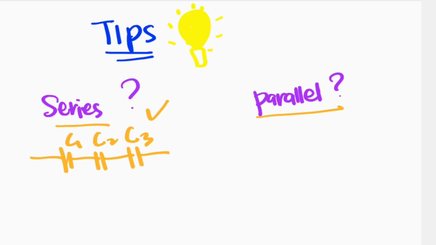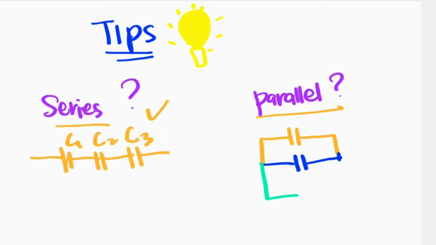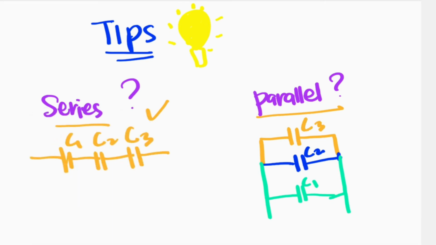How about parallel? All capacitors are connected in different wires. So this is wire 1, connected to wire 2, and connected to another wire. So this is C1, this is C2, and this is C3.